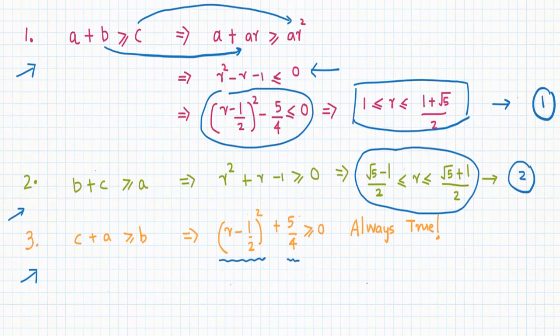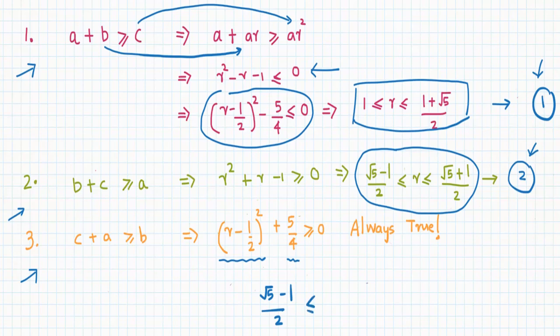Now for the sides to form a triangle, all these three inequalities must be satisfied simultaneously. That is, R must satisfy equation 1 and equation 2 simultaneously. The range of possible R's which satisfy these two inequalities simultaneously will be this.